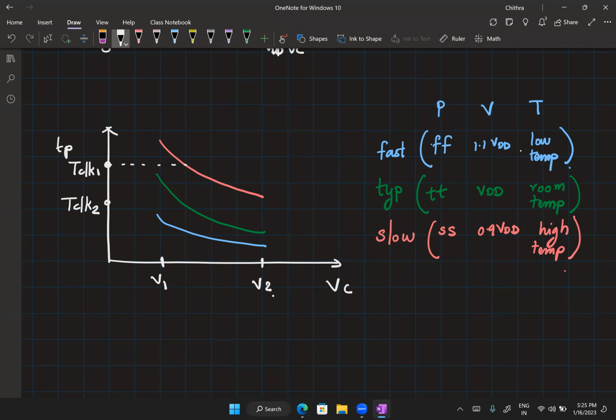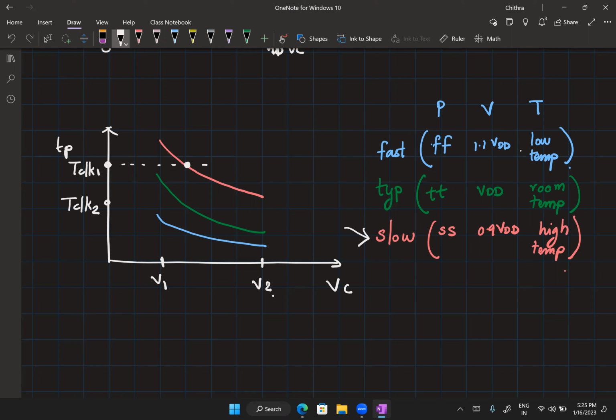So if I had T clock 1, you see that this is the only possible solution. So only if your chip is operating in this condition, you will have a locked solution. You will be able to lock to T clock 1, which means you either have to redesign this to be able to lock to T clock 1, or you shouldn't have T clock 1 as one of the locking points. You need to use a different clock period as a whole.